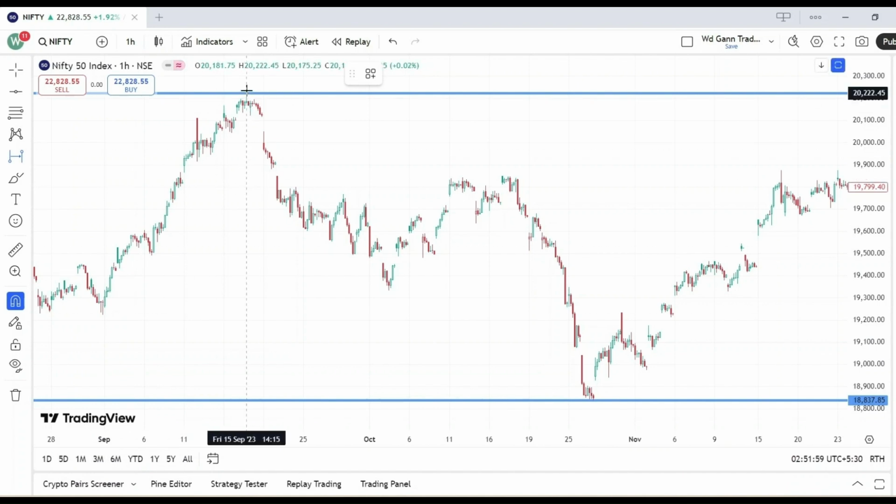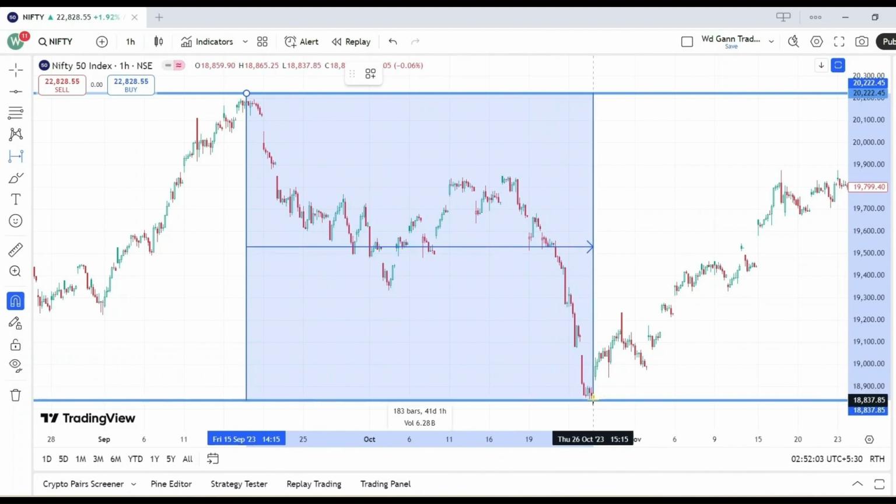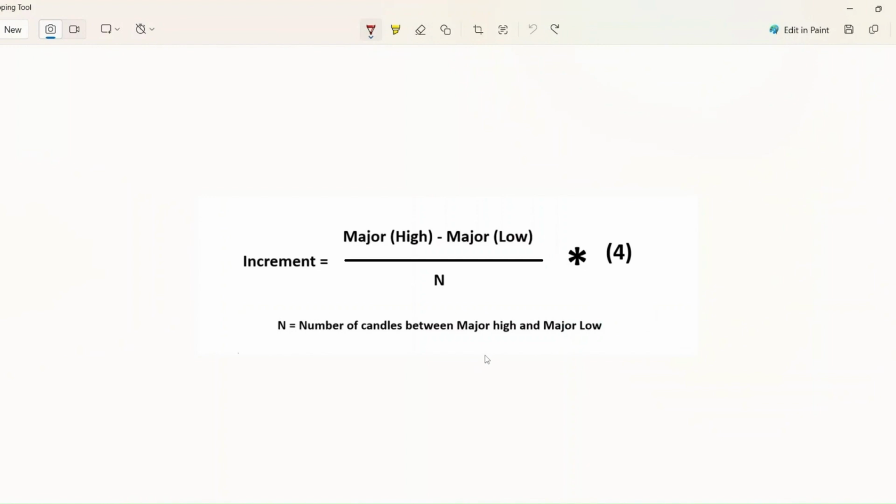Just select the date range option and apply it from the measure high to the measure low. Here you can see that there are 183 bars, means there are 183 candles between the measure high and measure low. So whenever you are using this formula, n should be greater than 150.